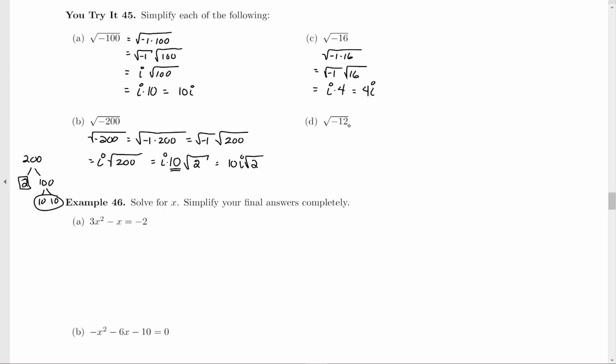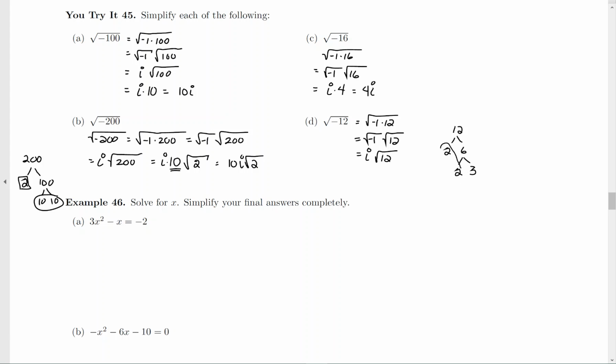All right. Square root of negative 12 is the square root of negative 1 times 12. Square root of negative 1, we're going to call, again, i. Square root 12. 12 we're going to break down. So 2 times 6. 6 breaks up into 2 times 3.